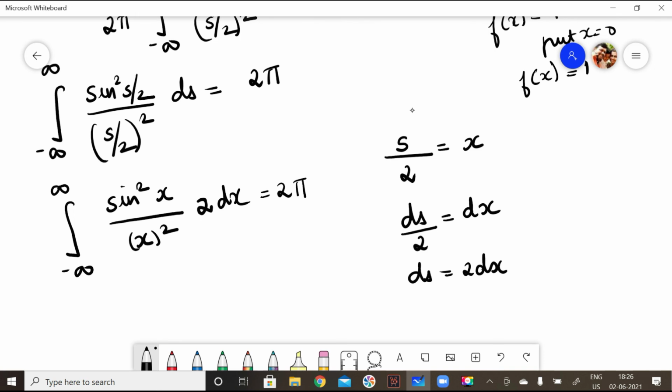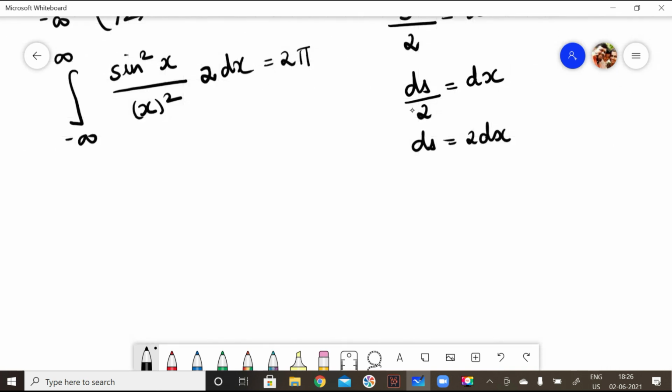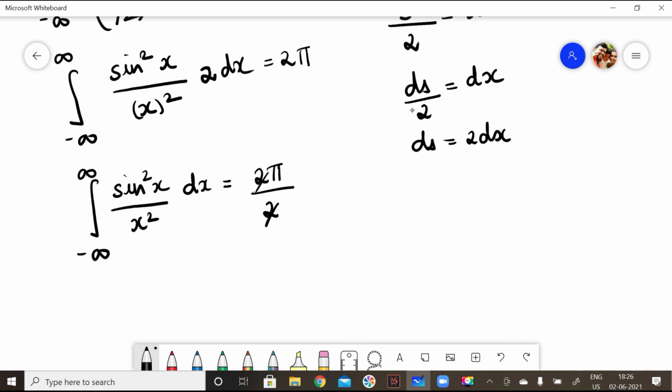So the integral from minus infinity to infinity of sine square x by x square dx is equal to 2 pi by 2, where the 2 and 2 get cancelled and I have pi.